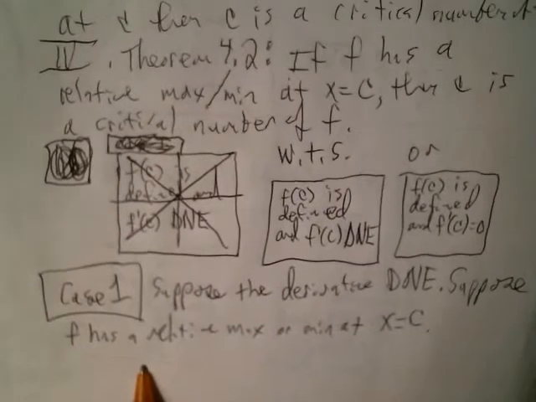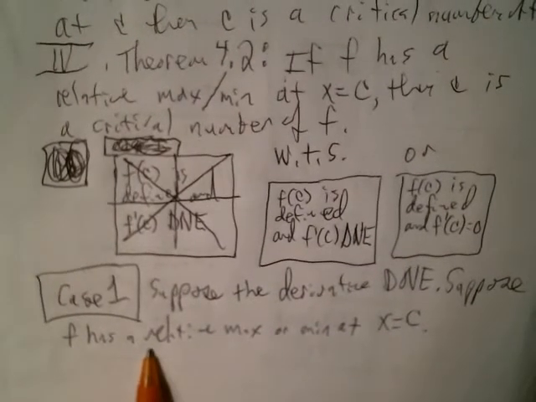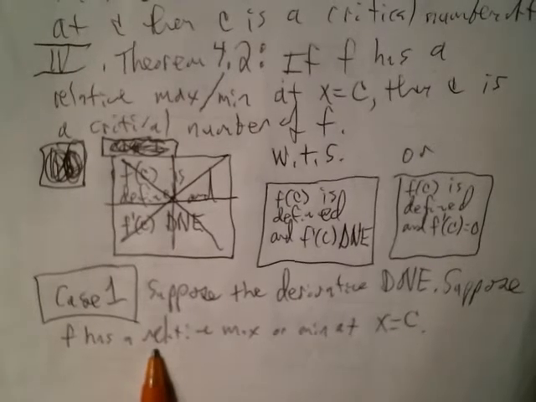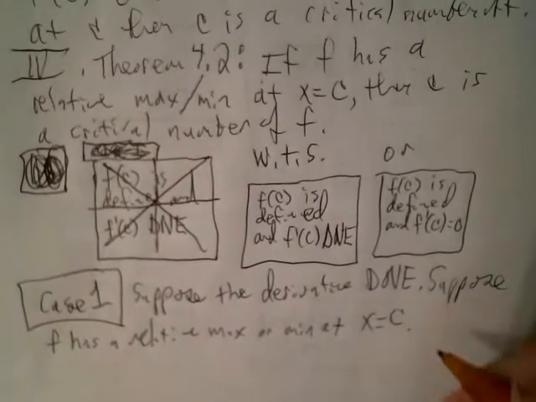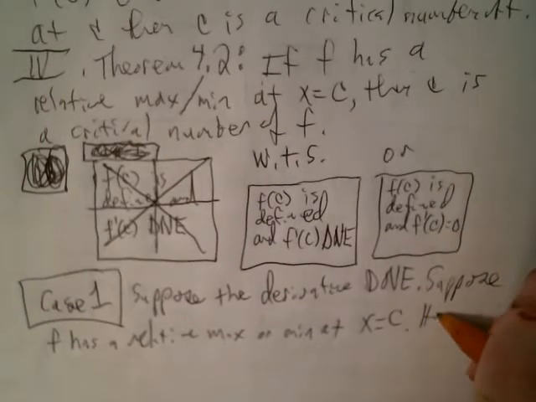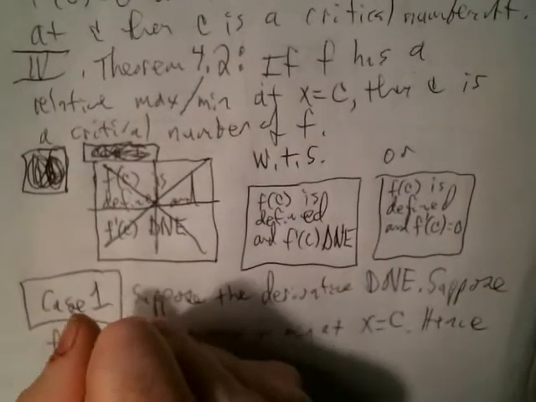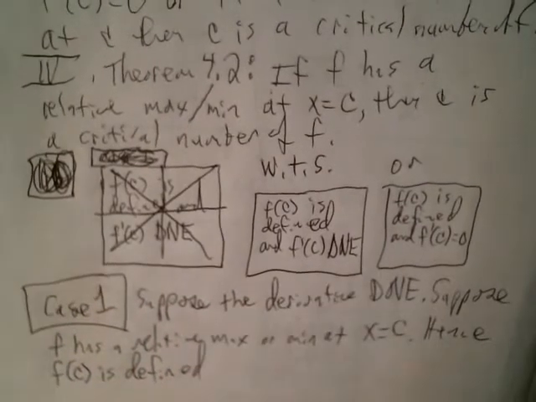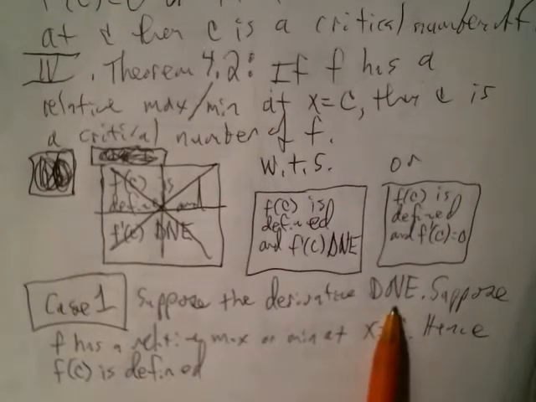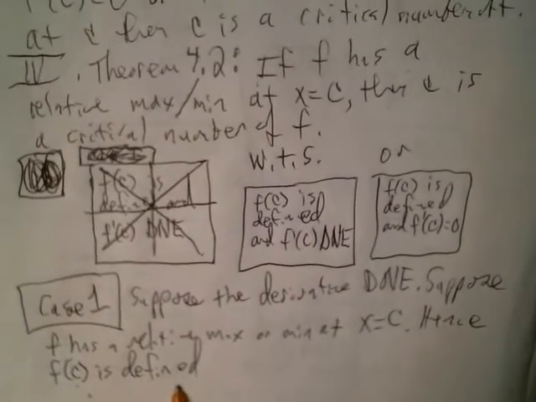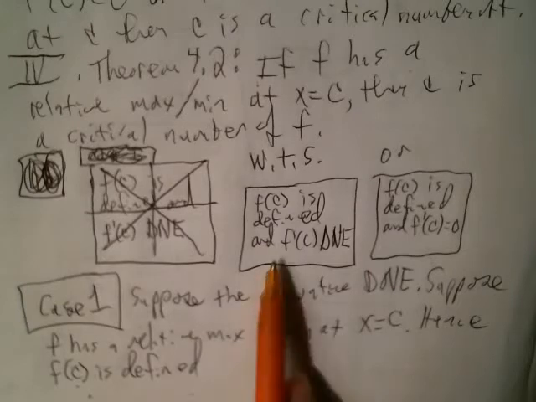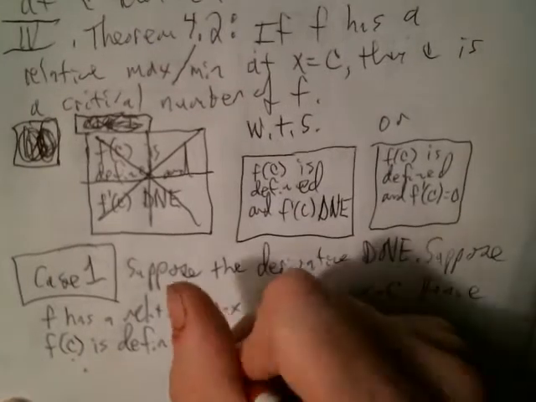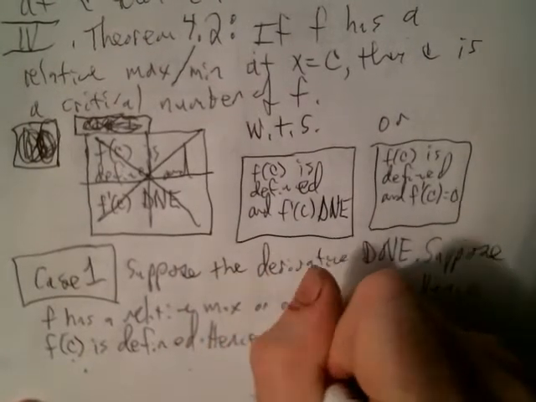Well, supposing f has a relative max or min at x equals c, this suggests that f is defined at c. Okay. And if you note, then what do I have? Well, I have the derivative does not exist, and I have f of c is defined. Okay, and that's what I wanted to show. F of c is defined, and f prime of c does not exist. Okay, hence it's a critical number.